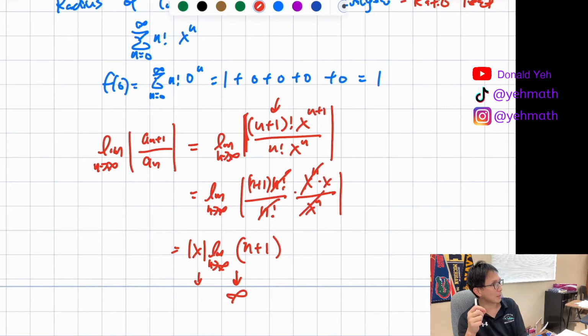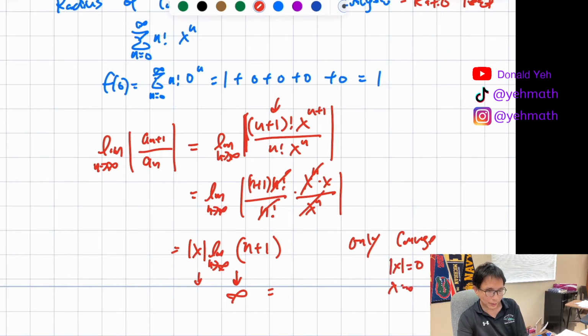If x is some number greater than 0 or less than 0, it's automatically going to go to infinity, because infinity times some fixed number is going to be infinity. So if it's infinite, that means it can only converge when x is equal to what? 0. Yep.